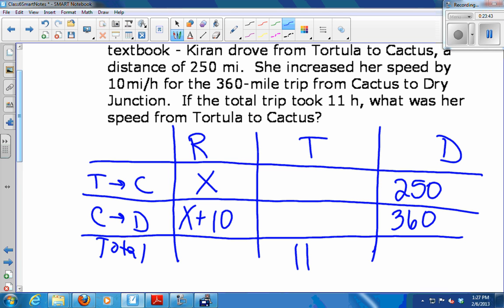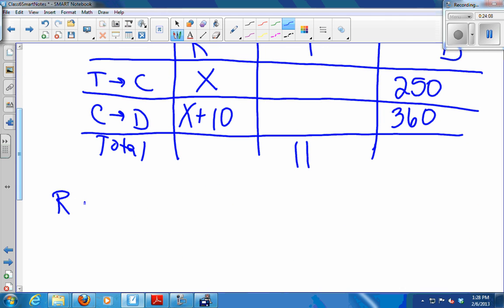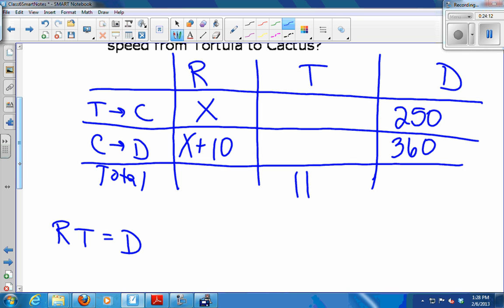Now, speed isn't additive, right? If you go 30 miles per hour and then 40 miles per hour, you can't say I went 70 miles per hour over the whole trip, right? So we can't add the X and the X plus 10. So I'm just going to leave that box blank and hope I don't need it. All right, so if rate times time equals distance, and I know something about rate and I know something about distance, what is time?